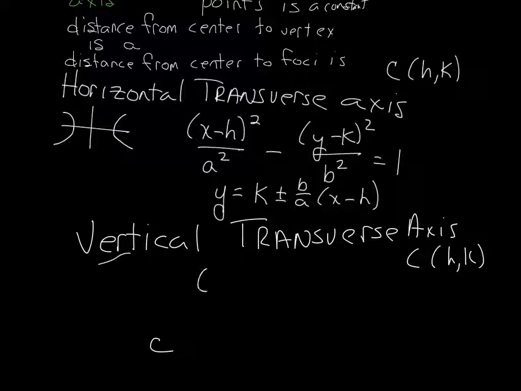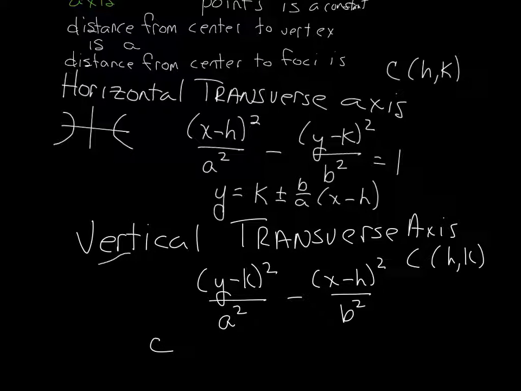This time we're going to have y minus k squared over a squared minus x minus h squared over b squared equals 1. A squared always goes first. It didn't matter on the ellipse, it could be first or second, but here it's always first, and it's based on whether you have a horizontal transverse axis or a vertical transverse axis.